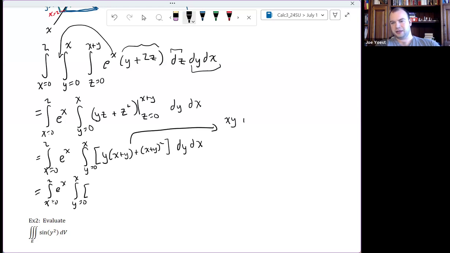I get xy plus y squared plus x squared plus 2xy plus y squared. And if we collect like terms, we get 2y squared plus x squared plus 3xy.